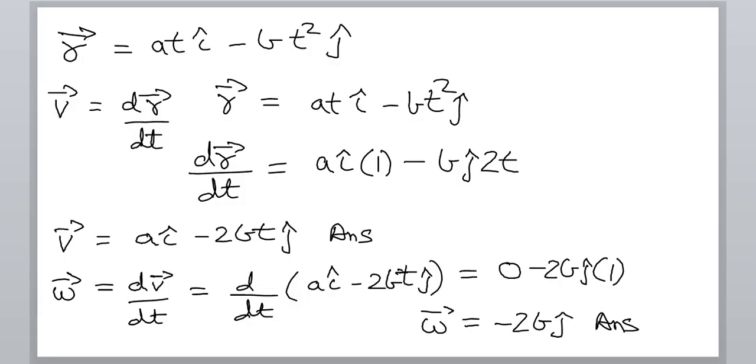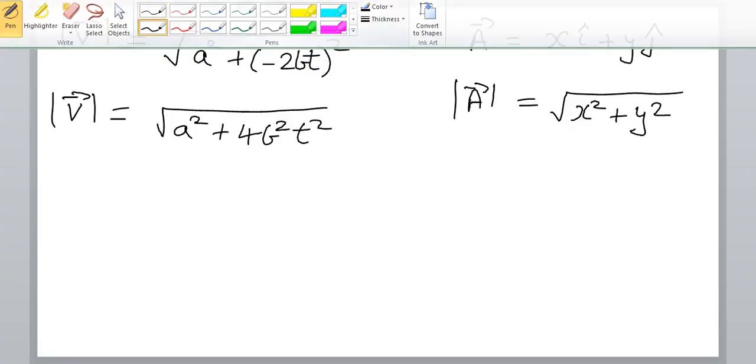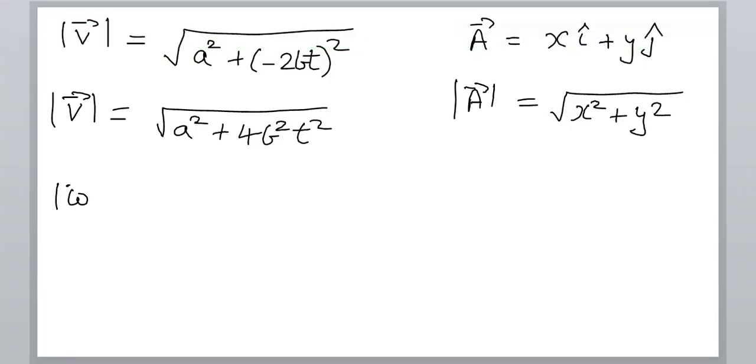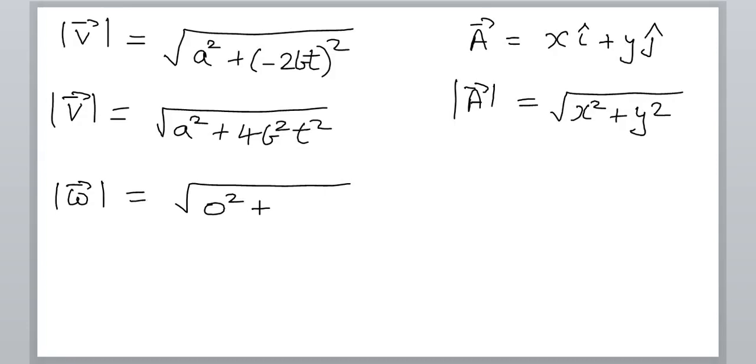Now let's see the modulus of w vector. It's easy to calculate because there is no x component there, only a y component. So the modulus of w vector will be equal to the square root of the square of the x component, but the x component is 0, plus the square of the y component, which is minus 2b.